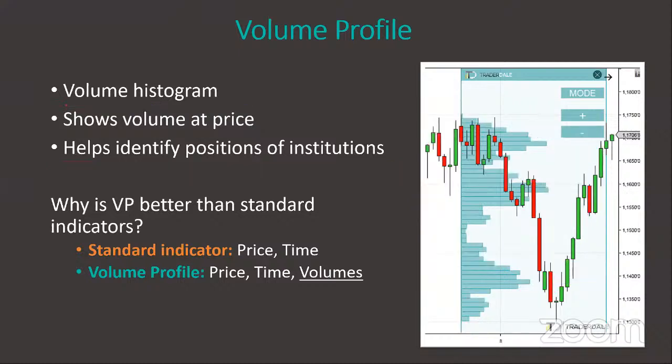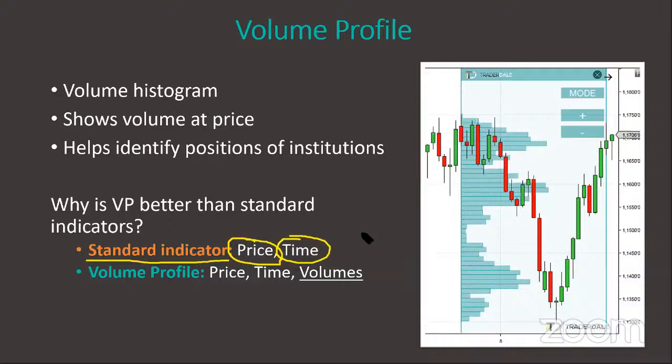And a lot of people ask me, why is volume profile better than standard indicators? You could look at it like, all right, so this guy is talking about another indicator, one of many. But there's one significant difference. Standard indicators use only two variables in their calculation: price and time. Basically, they tell you what the price was doing at a certain point in time.